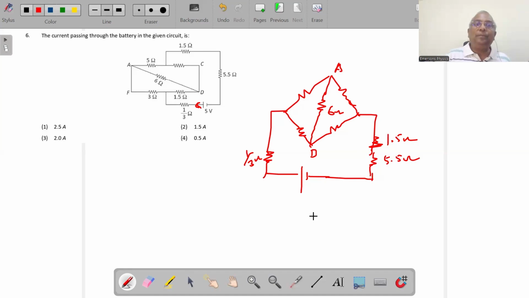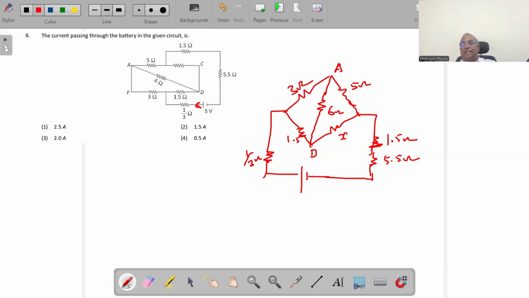This is 3 ohm, and this is 5 ohm, and here 1.5. Nothing is given for this one.